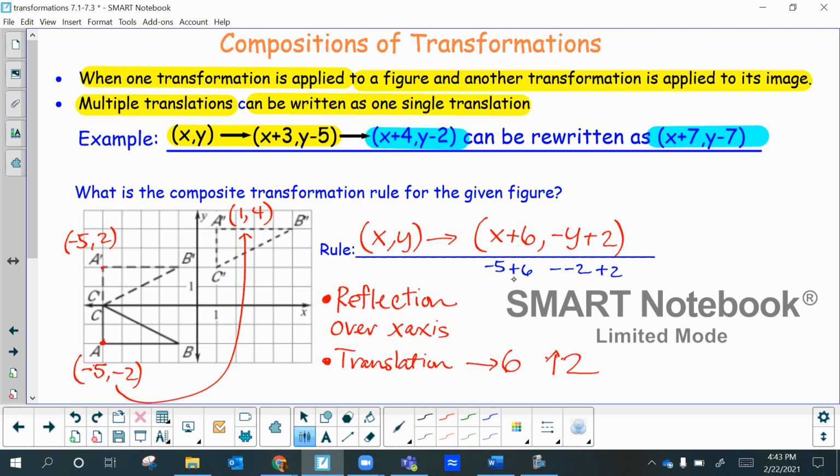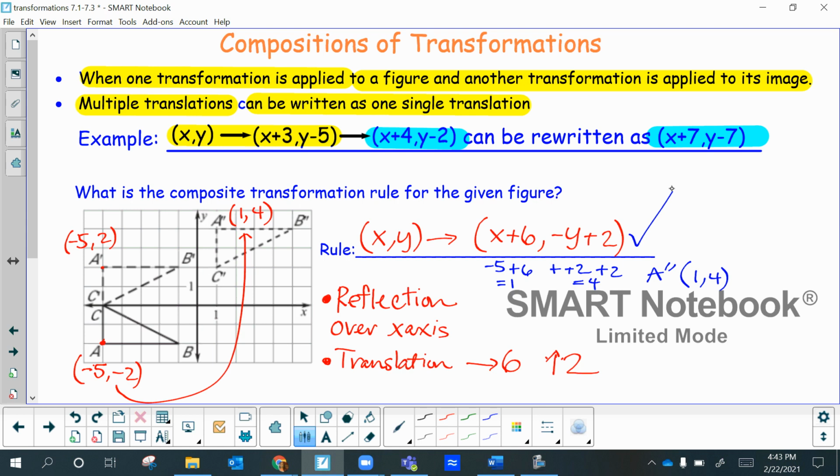So -5 plus 6 equals 1. And then the negative means that this is a positive, so 2 plus 2 equals 4. Is that the one that we wanted for A double prime? Yes, A double prime was 1, comma 4. So this is our composite rule.